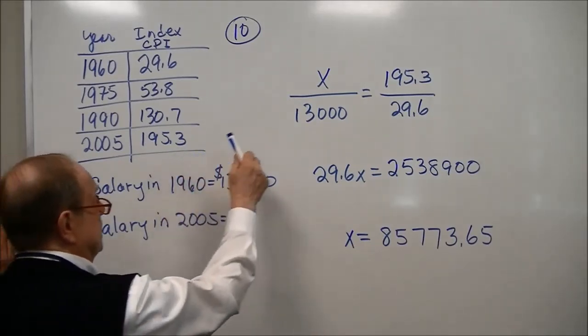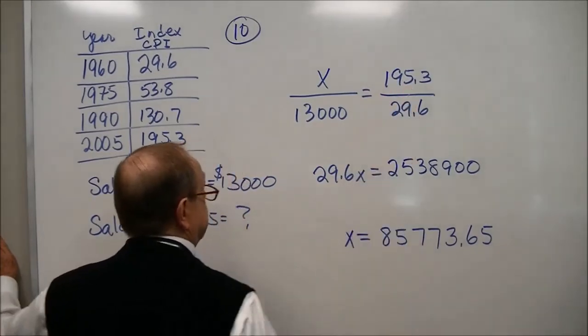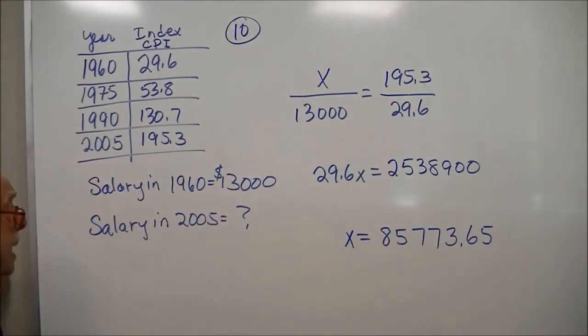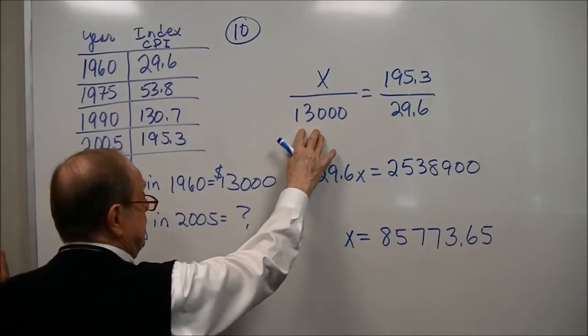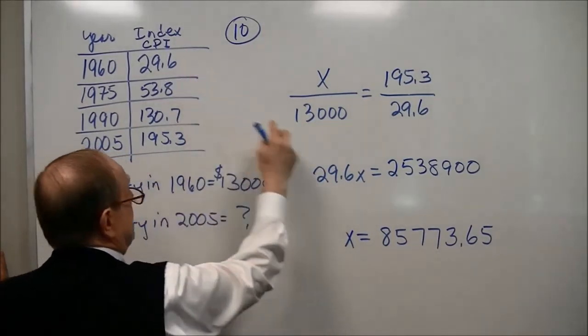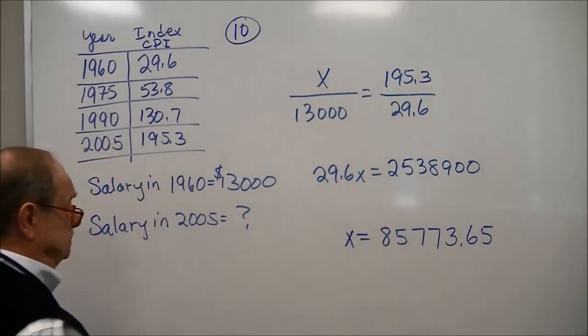And remember that Consumer Price Index was this, and in 1960 it was this, and the Consumer Price Index was that.